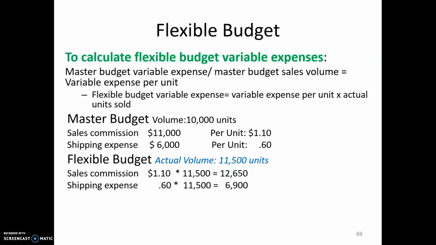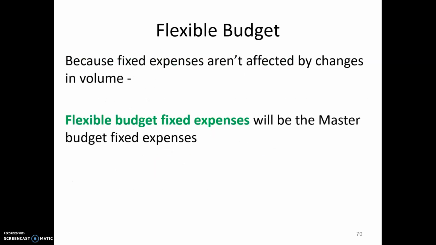Then on the flexible budget, we'll take those per unit amounts and multiply them by the 11,500 actual volume, and that will give us the amounts that we show on the flexible budget. The fixed expenses: we know fixed expenses are the same regardless of what happens to the volume. So the flexible budget fixed expenses are going to be the same as the master budget fixed expenses, because those should not have changed because of the volume.